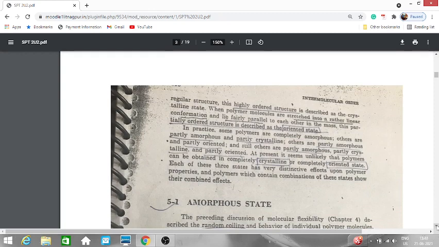When polymer molecules are stretched into a rather linear conformation and are fairly parallel to each other in the mass, this partially ordered structure is described as the oriented state.